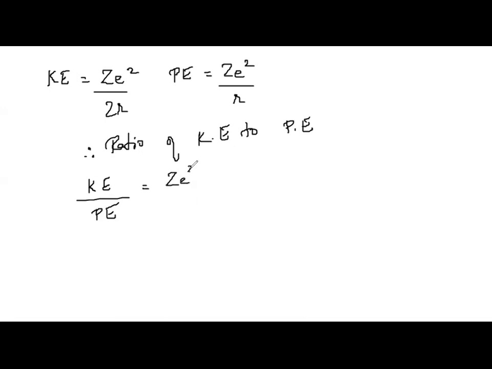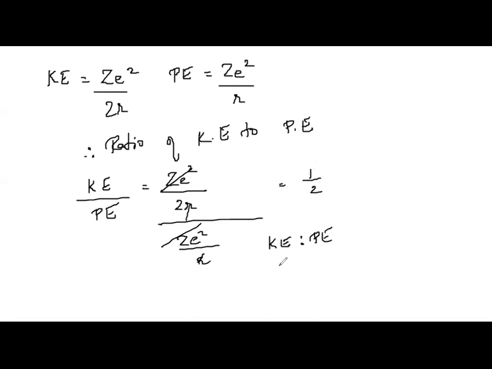So Z E square by 2R, the whole divided by Z E square by R. So Z E square, R gets cancelled. What remains? 1 by 2. So the ratio of kinetic energy to potential energy is 1 is to 2.